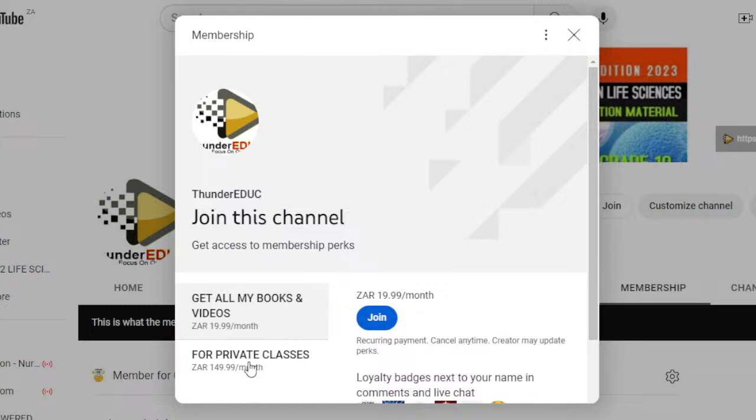And if you want the private classes, then you have to click on private classes. If you click on private classes, you get the books, and you are also able to access all the private classes.